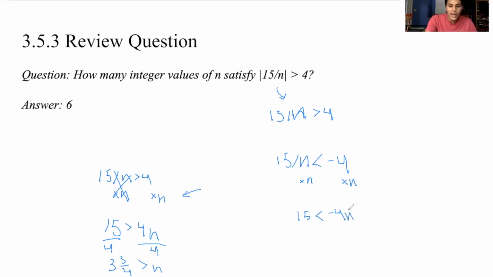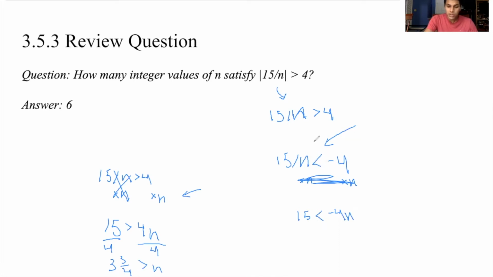And the reason why is because if you think about this inequality right here, the only possible values that n could be to satisfy this are negative numbers, right? If say n was 3, it's not going to satisfy this inequality because 15 over 3 is 5, and 5 is a positive number. So 5 is therefore always going to be greater than -4. It's not less than -4.